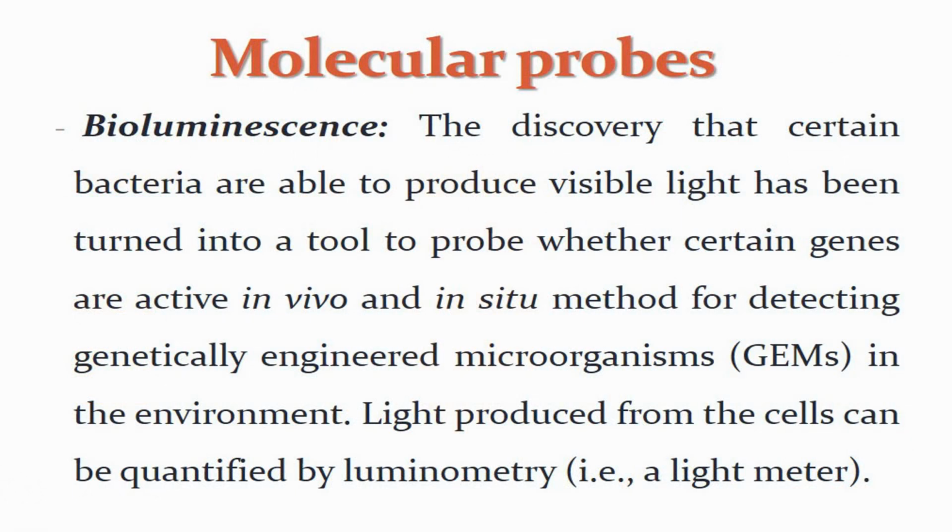This is called bioillumination, or bioluminescence. Bioluminescence means the discovery that some bacteria are able to produce visible light has been turned into a tool. This tool probes whether certain genes are active in vivo, and is an in situ method for detecting genetically engineered microorganisms, GEMs, in our environment.